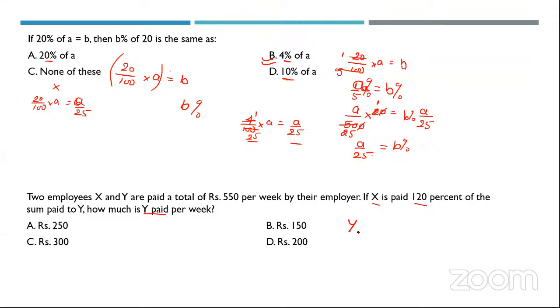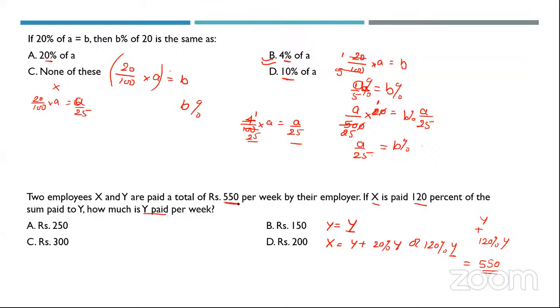So whatever amount is paid to Y, X is getting Y plus 20% extra, or you can say 120% of Y. So when you add these two values, Y plus 120% of Y should be equal to what? 550. That's the question. So let's take from the options.